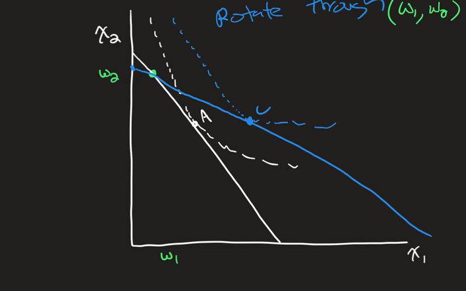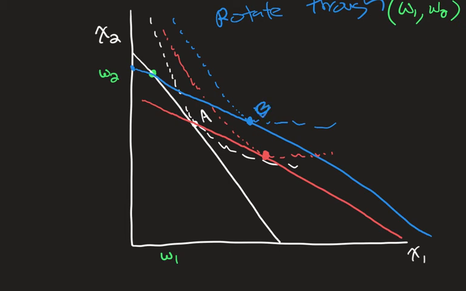Point A is our original point. We got this new line. I'm graphically challenged, but not too bad. Look at that. That's pretty good. And so given our preferences, let me actually just keep things consistent.